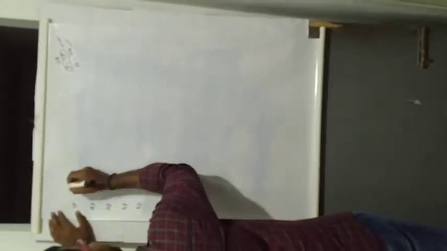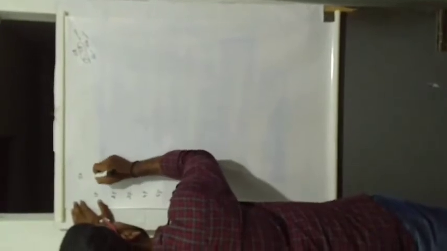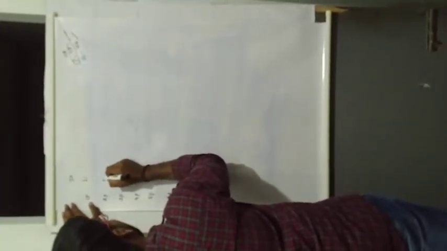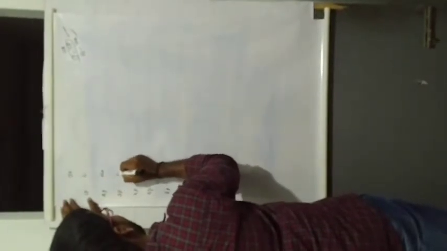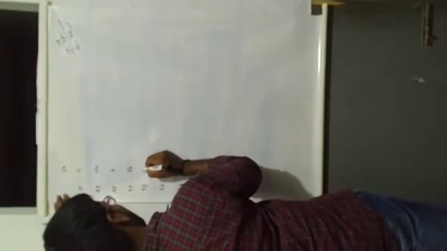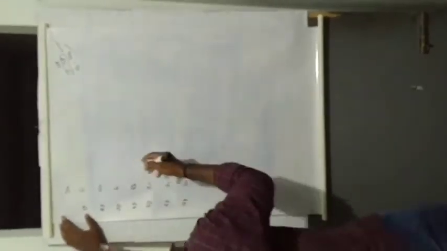So we take the 1A group elements. What are the 1A group elements? Except hydrogen: lithium, sodium, potassium, rubidium, cesium, francium. These are the 1A group elements. The 1A to 3A group elements are metals. They belong to the metal group.